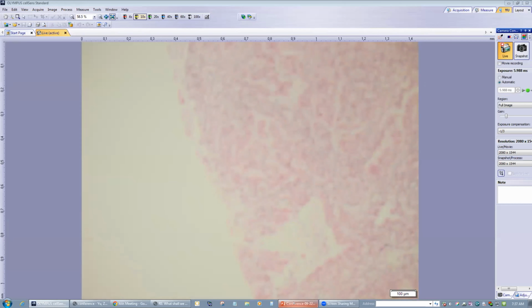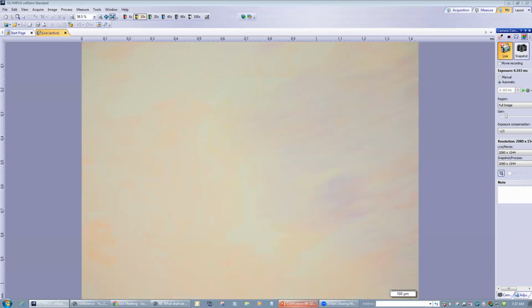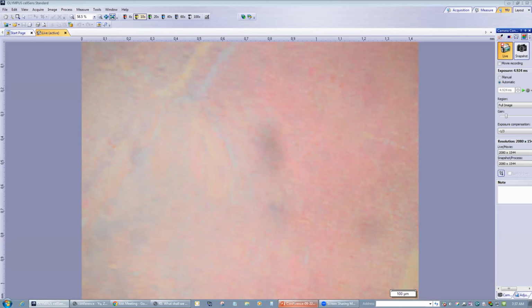So this is the tumor. That's the normal residual kidney on the right. That's the tumor here.